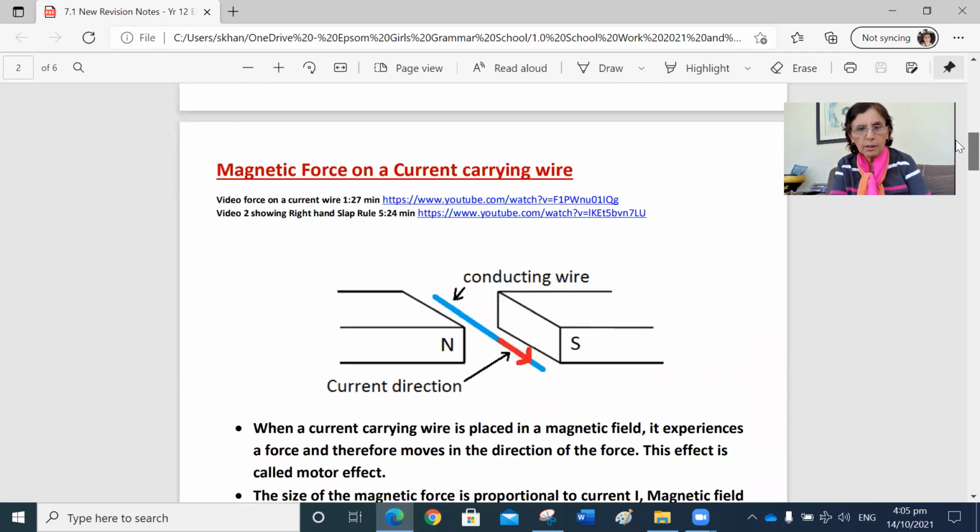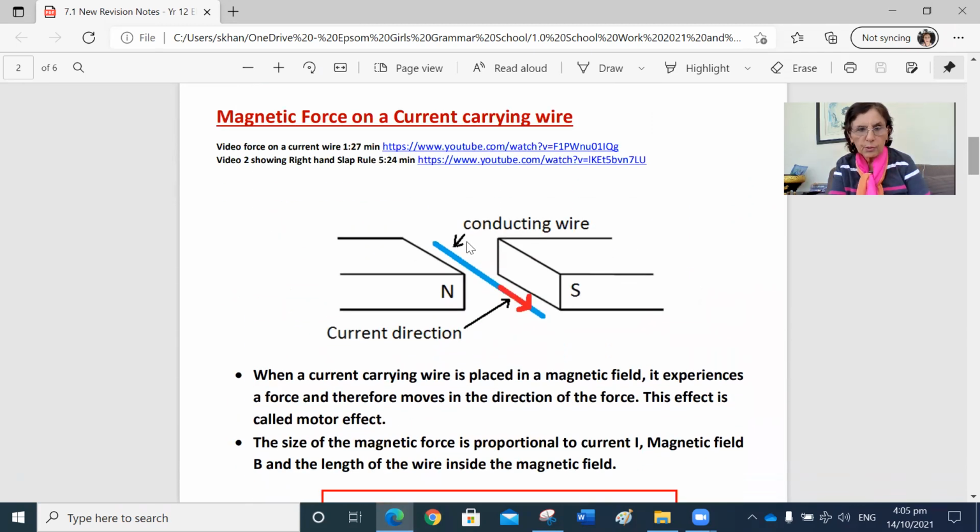So for example, if we apply this rule to this diagram, imagine you're holding your right hand with the thumb in the direction of that red arrow, and your fingers are going from north to south.